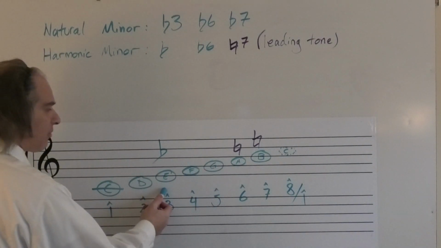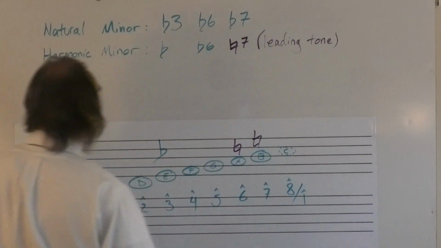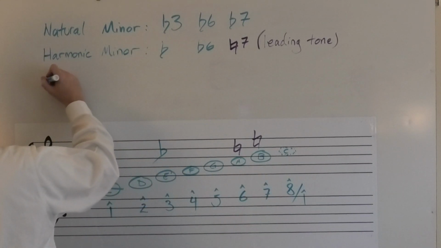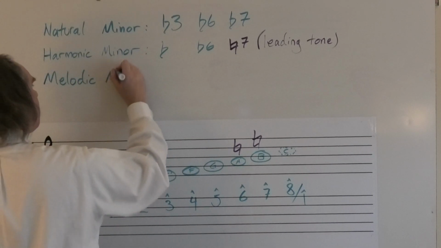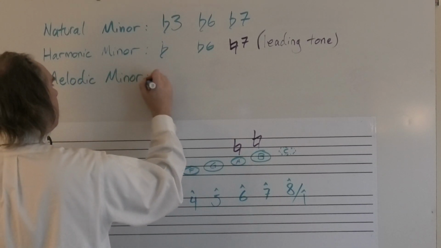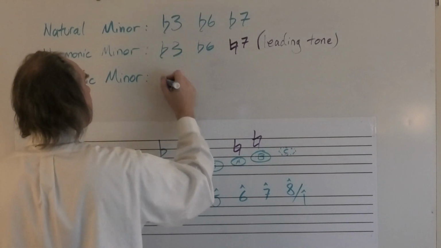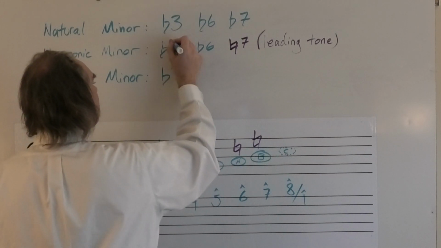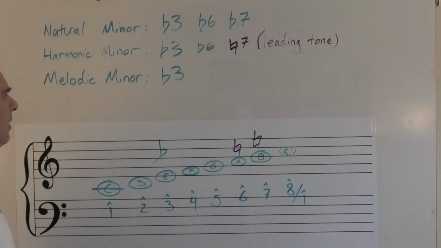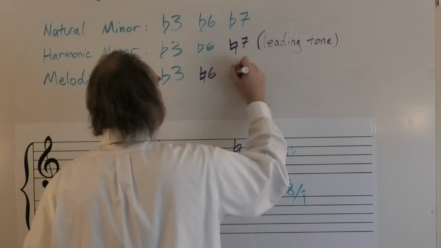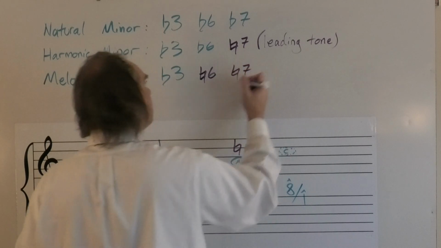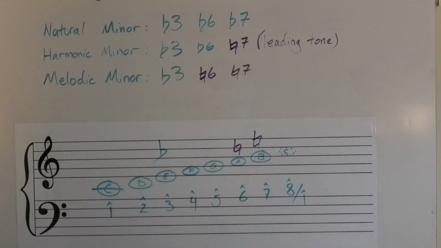When you have a flat 3, but natural 6 and 7, that's called the melodic minor. You have to know that. Flat 3, natural 6, and natural 7. So those are your minors.